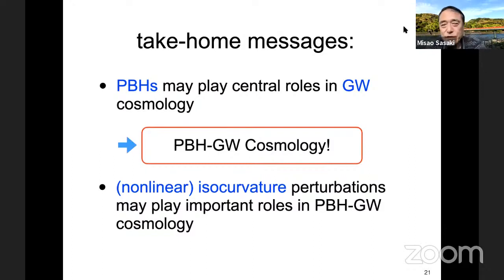If you assume that the one field which dominates the fluctuations on the CMB scale is taken over by the other field, at the final, say, 20, 30 e-folds of the inflation, you can have various interesting effects.